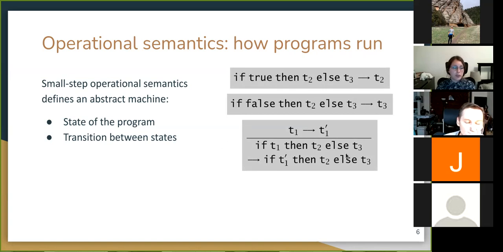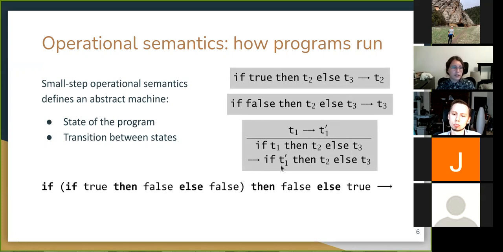And then the more complicated rule, when we have a program which is an if expression, but the condition is not yet either true or false, so we don't yet know which branch to take. What we first need to do is to simplify the condition. The premise of this rule is we'll first try to run the conditional part of the program, simplify it, and then replace the simplified thing in the condition of the entire program. So we are rewriting the entire program step by step, but to do this, we need to look at the sub-expressions.